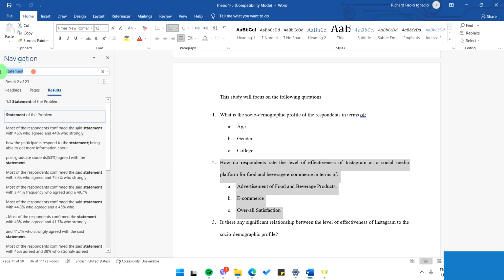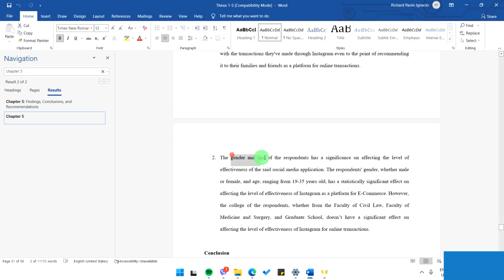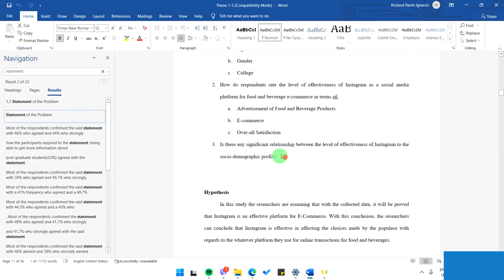Now, the second findings that we have, the last part, tingnan natin. The gender and age of the respondents has a significance on affecting the level of effectiveness of the said social media application. The respondents' gender, etc., etc. So it means to say that this second findings of the study satisfies the statement of the problem that we have right over here.